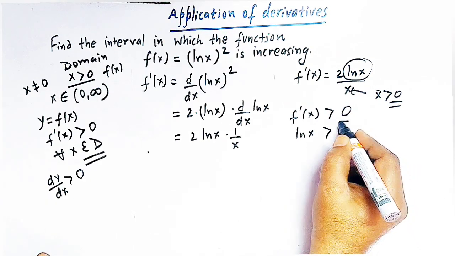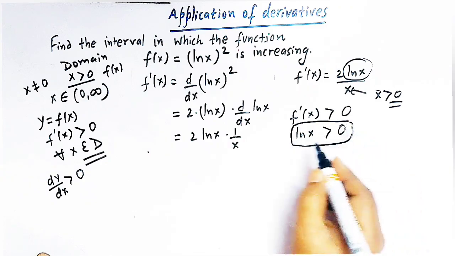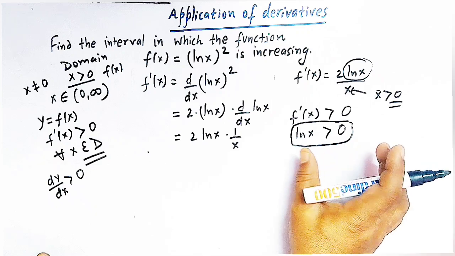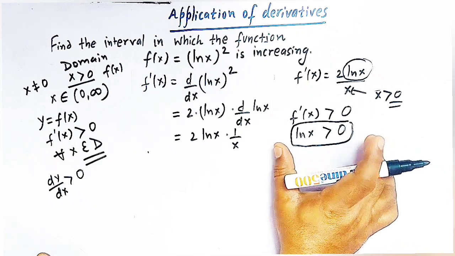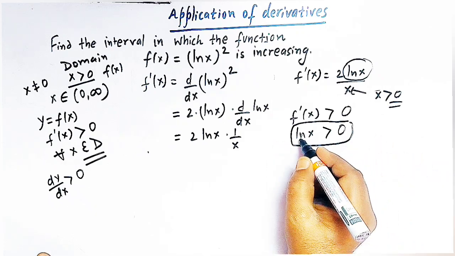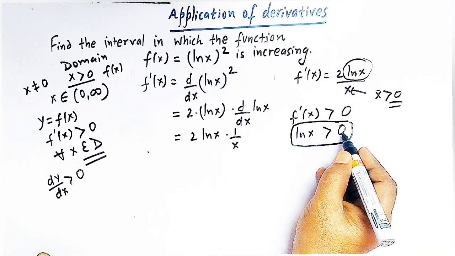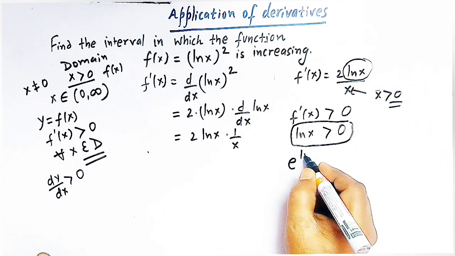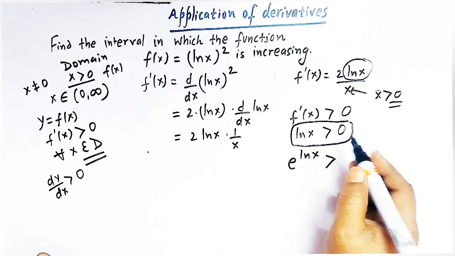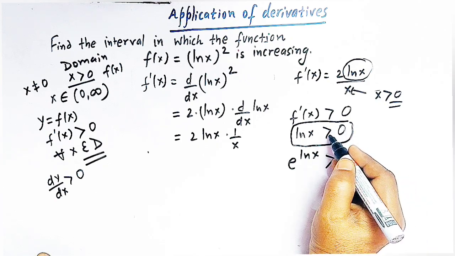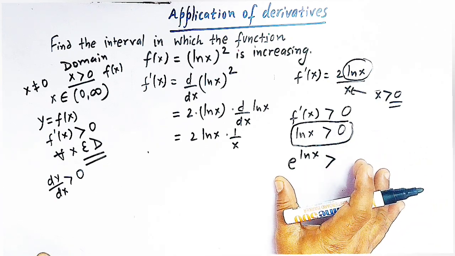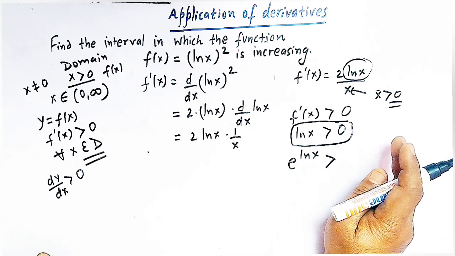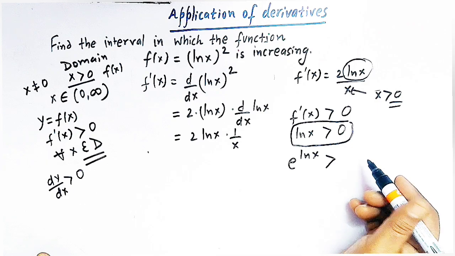Now we have to solve this inequality, natural log of x is greater than 0. To solve it, we'll raise both these quantities to the power of e. So we can write e raised to natural log of x, and the direction of the inequality remains the same because e to the power is an increasing function, right?